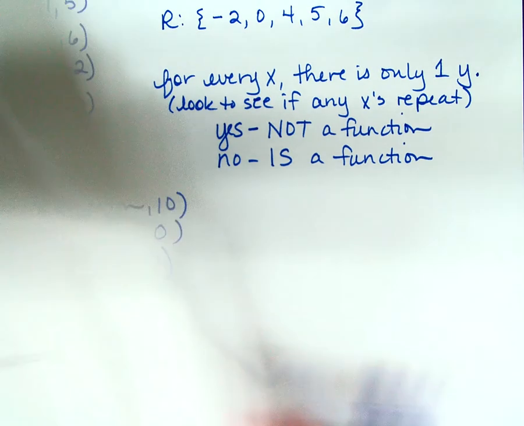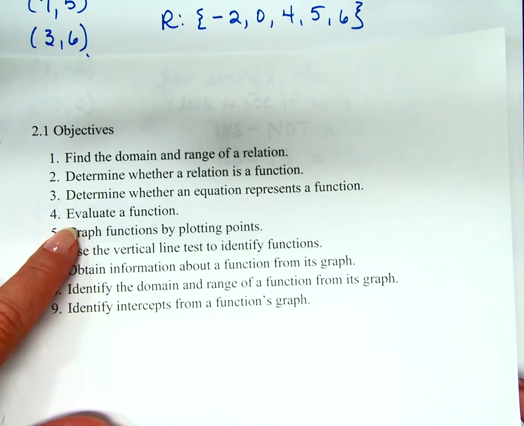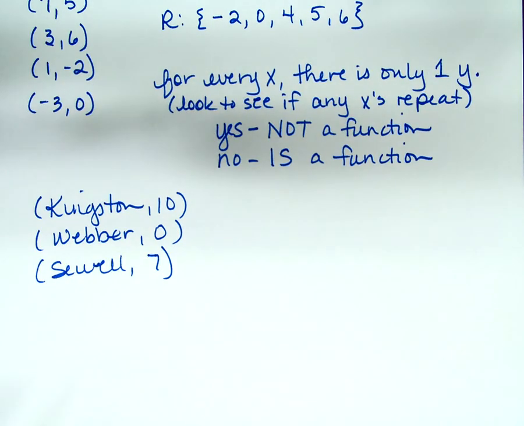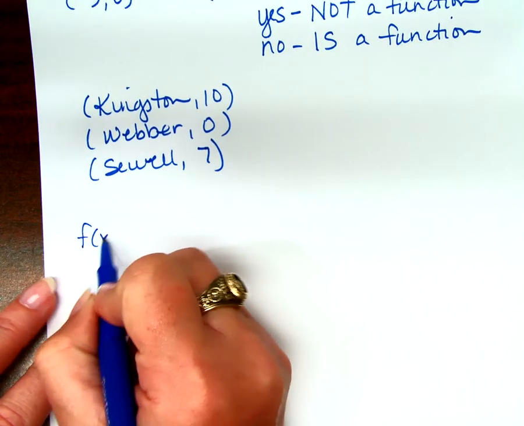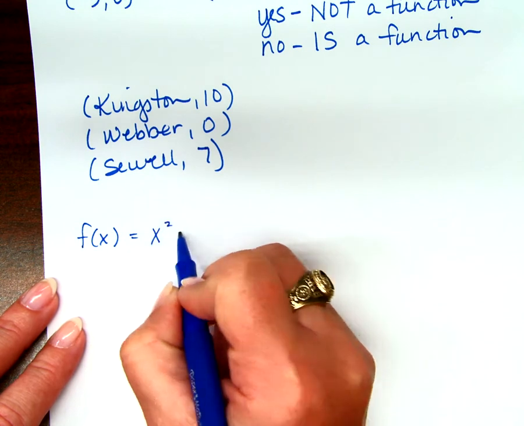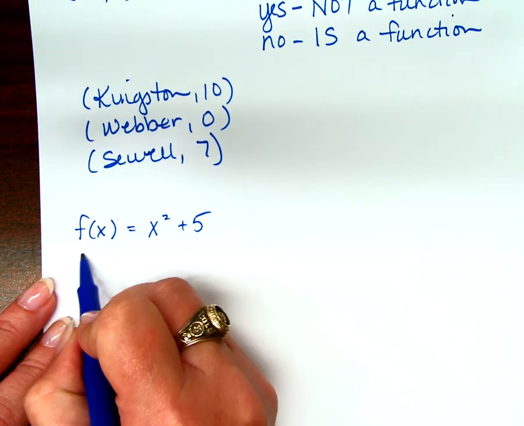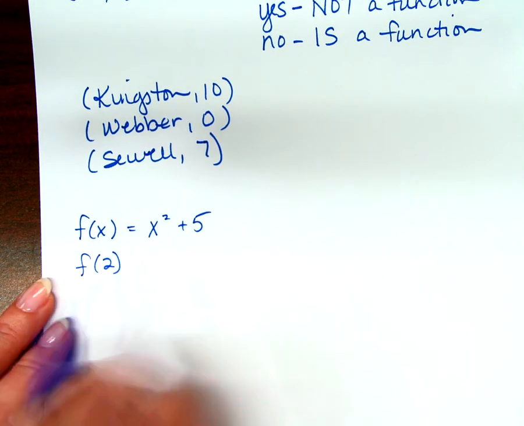Let's evaluate a function. You can do this, yes? Evaluating a function is like this. I'm going to tell you f of x equals x squared plus 5, and then I will ask for f of 2.